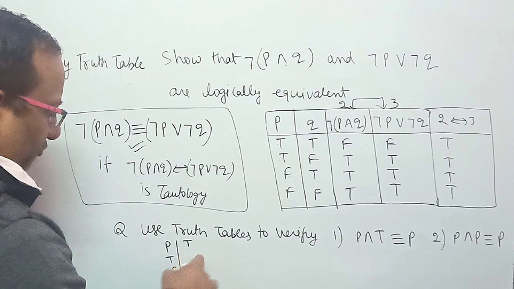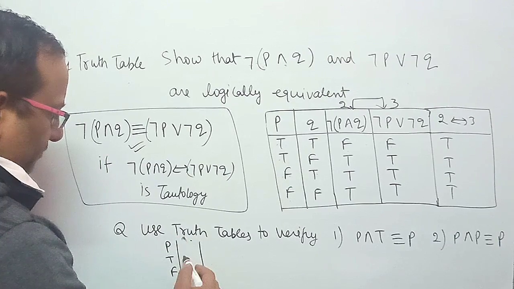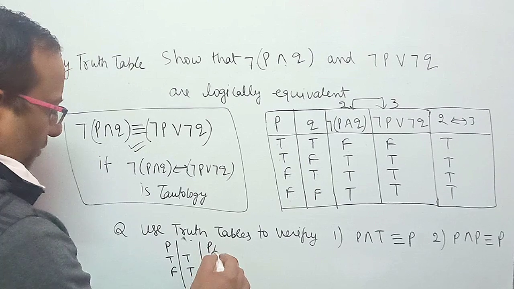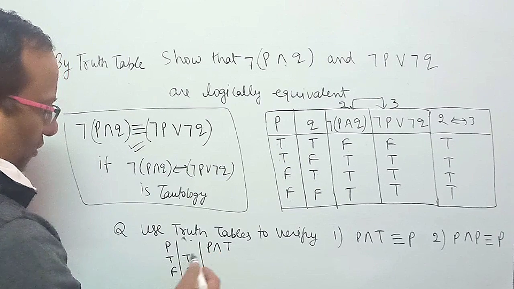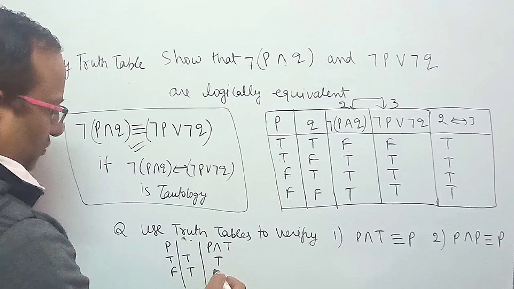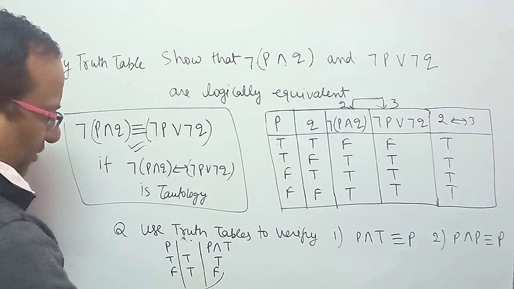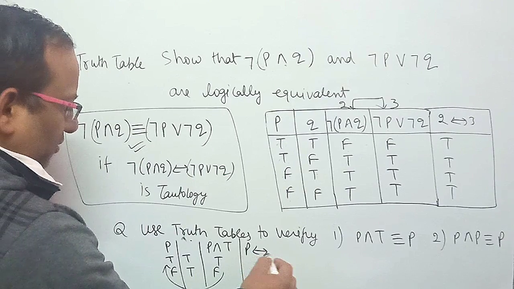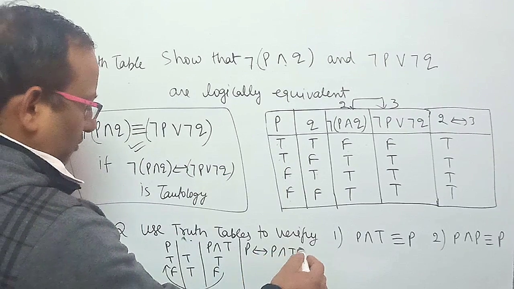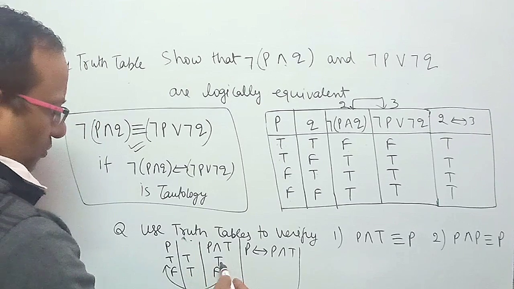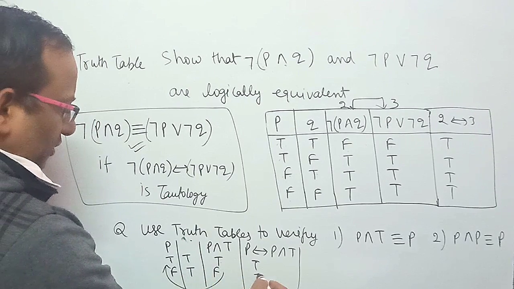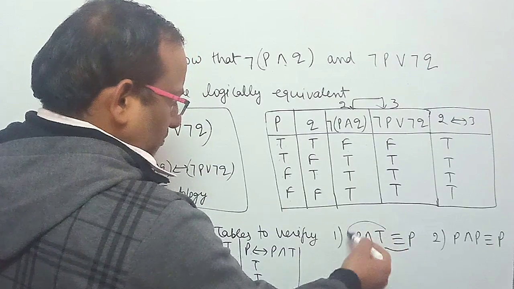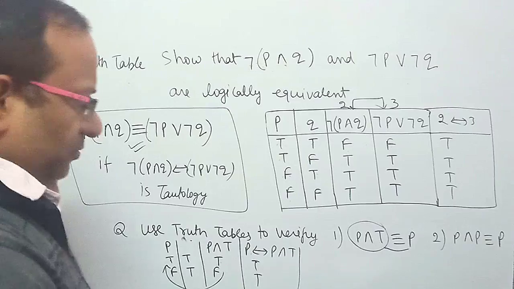Let's perform and with T. What will be P and T? True and true is true, false and true is false. So this is exactly the same as P. If we perform P biconditional P and true, it has to be a tautology because both are the same. Hence we can say P is logically equivalent to P and true.